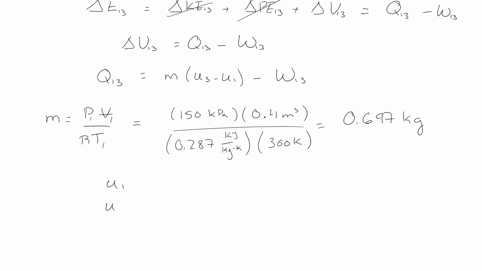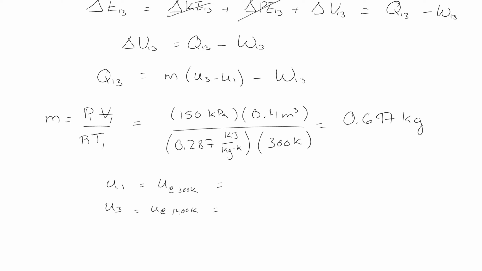All right, so on to U1 and U3. U1 is going to be the internal energy of my ideal gas at 300 Kelvin, and U3 is going to be, of course, the specific internal energy at 1400 Kelvin. And these specific internal energies are only functions of temperature. So I don't care what the pressure of the ideal gas is to determine its specific internal energy.